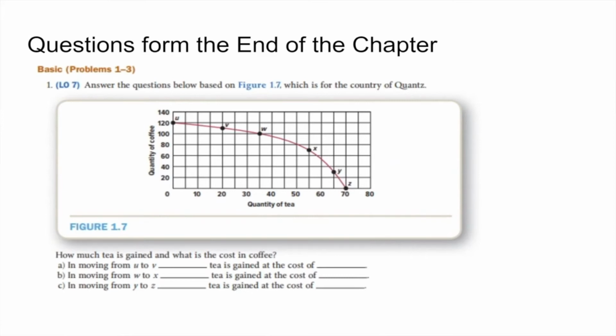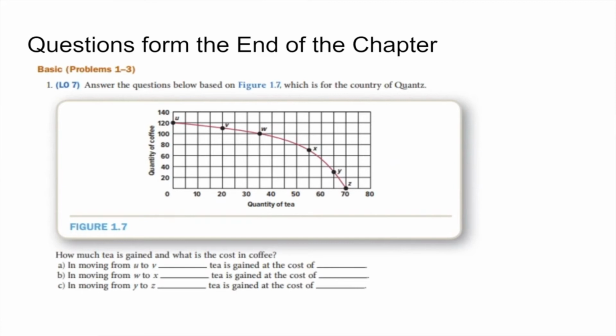So what we've got here is coffee and tea, various combinations of coffee and tea. And we can see that there is a relationship there. And the question really being asked is how much tea is gained and what is the cost of coffee? So how much tea is gained and what is the cost of coffee?